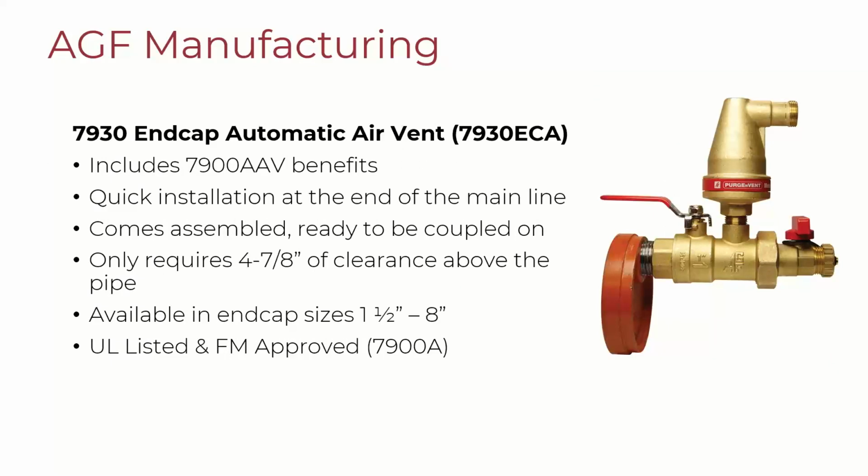The most popular version of the AGF automatic air vent sold is the 7930 ECA. And this is very popular because it comes pre-assembled onto a grooved end cap. One of the biggest concerns when they're putting in an air vent that causes a lot of installation errors is the tight space requirements from the top of the pipe to the bottom of the roof deck.